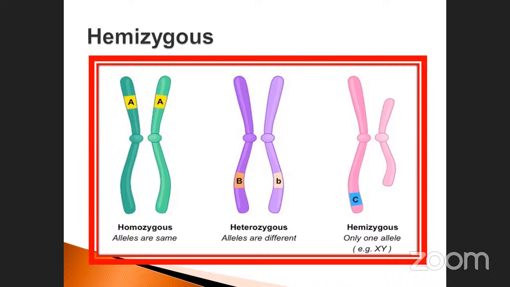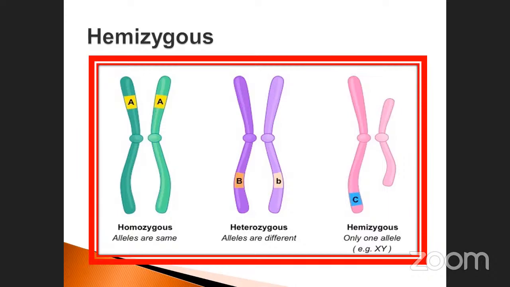We cannot say that, because heterozygous means different alleles are present. But in this category, one X chromosome is there and another one is Y. That's why equal proportion. It's only present in the male, that's why it is called hemizygous. During the gamete formation, it will be divided into X and also Y.